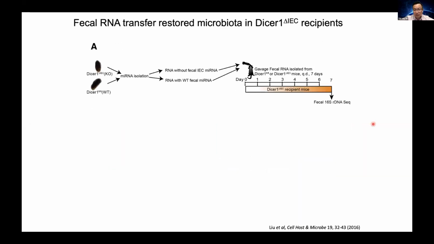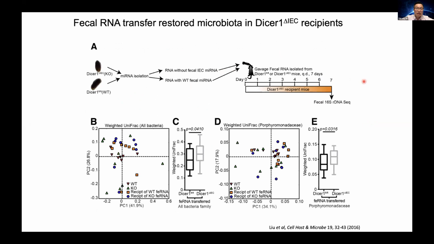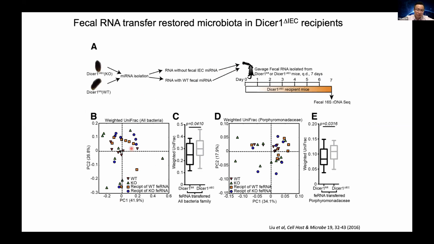Interestingly, if you isolate the microRNA from the feces and transfer to the knockout mice, then you can partially recover the microbiome to be more similar to a wild type mice.